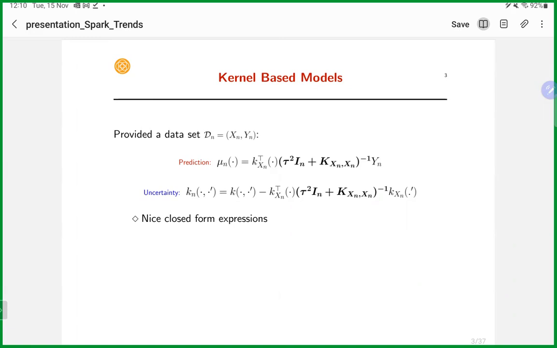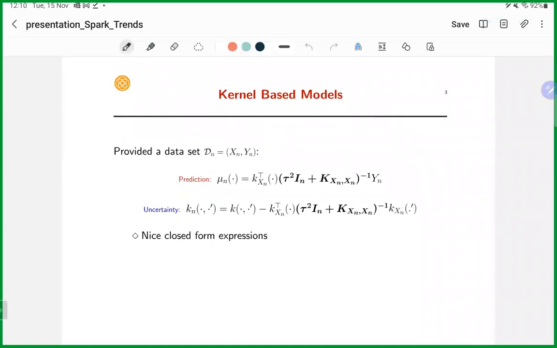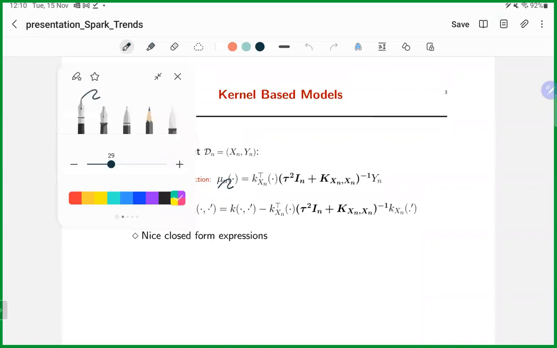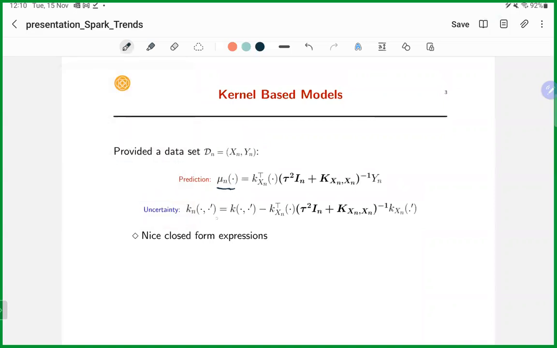One interpretation of this prediction and uncertainty is the posterior mean or maximum likelihood estimate of the Gaussian process model. And the interpretation of the uncertainty is the posterior covariance of a Gaussian process model given this data. Regarding the notation, this mu n is the posterior mean, or basically the prediction of the Gaussian process model, the maximum likelihood estimate. This Kn is the posterior covariance after n observations.